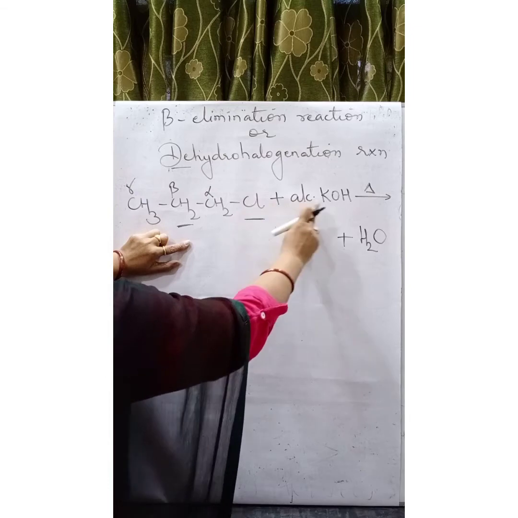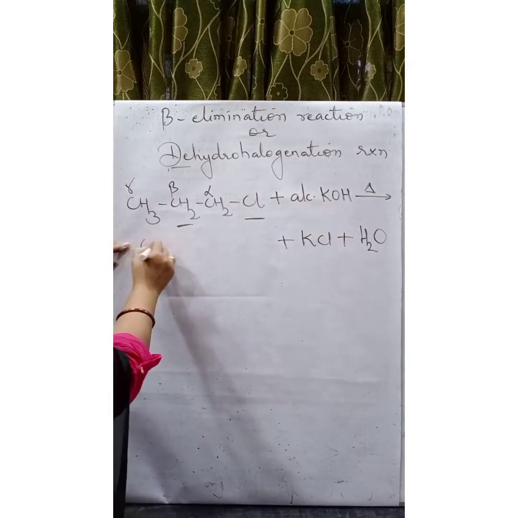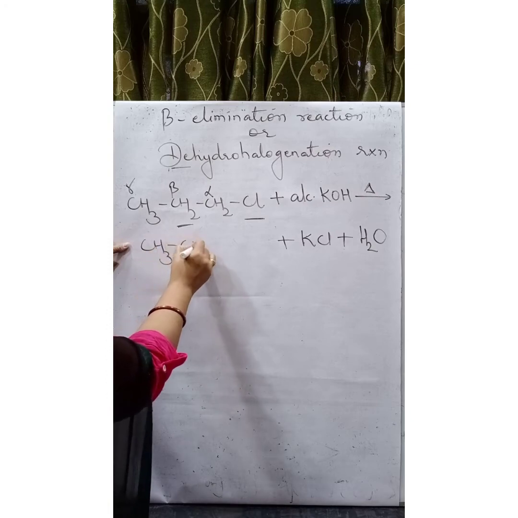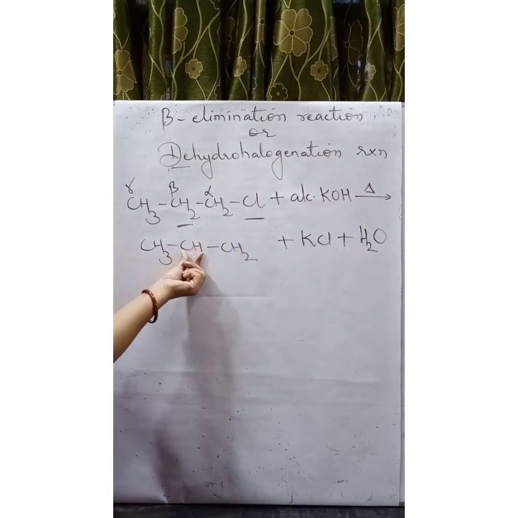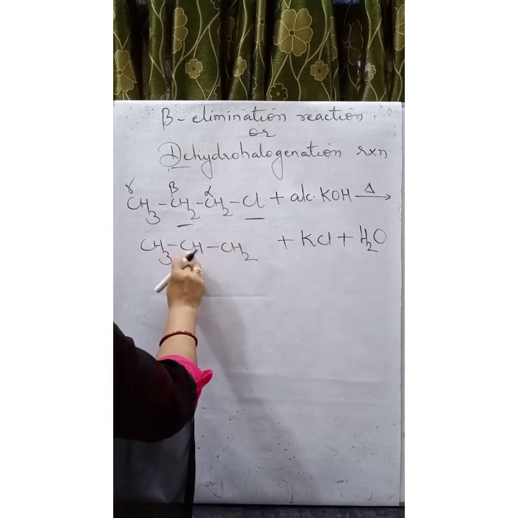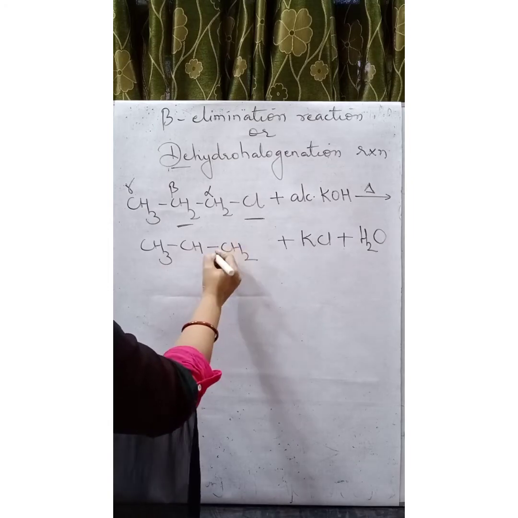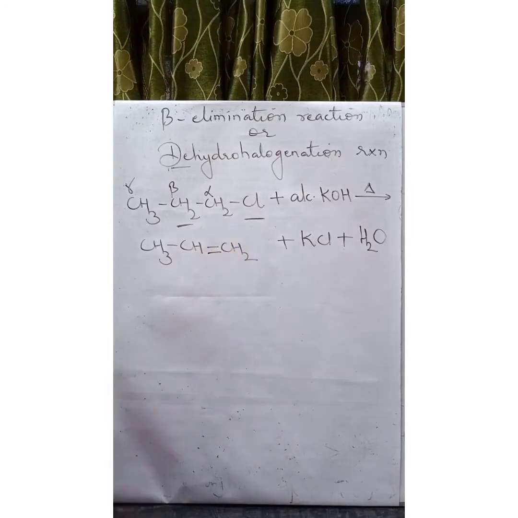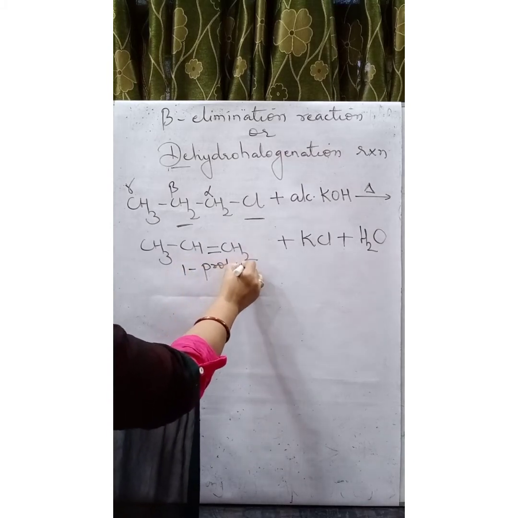This chlorine combines with K to form KCl. Now we are left with CH3, CH, CH2. Now this carbon and this carbon both are unstable. This is having 3 bonds, this carbon is also having 3 bonds. So in order to satisfy themselves, they form a double bond between them, and the product obtained is 1-propene.